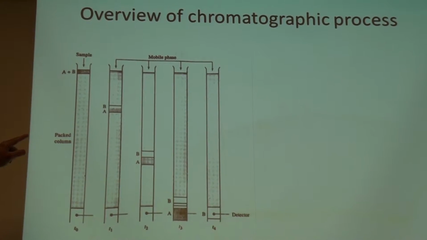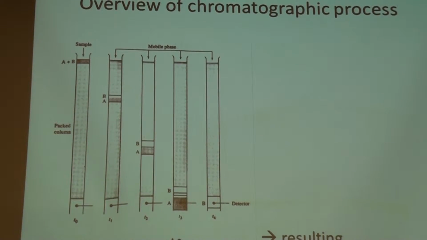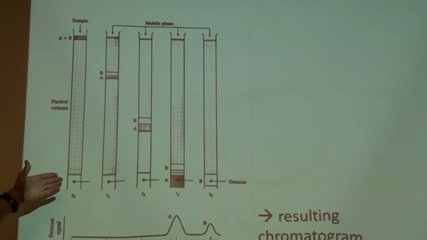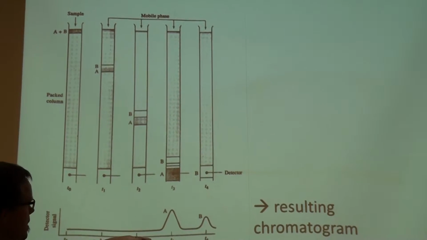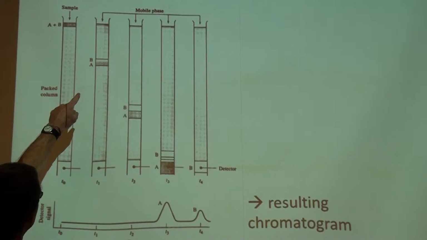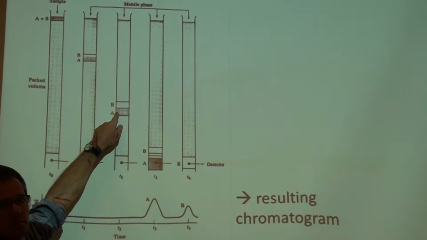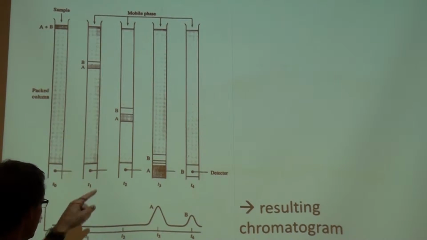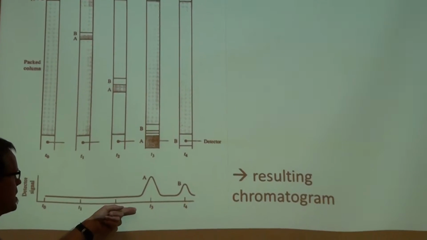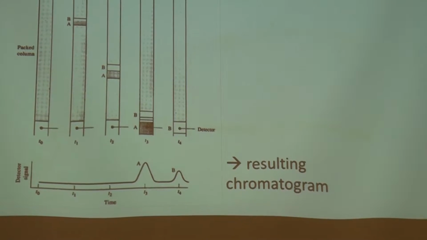As that sample migrates through the column, at time zero we would inject it or load it on, and then over time, as the mobile phase transits through the column, the compounds are moving through, and you see that one of them moves faster than the other. So compound A is moving faster, and if we look across time, this would be elution time, the time it takes to elute the compound out of the column.